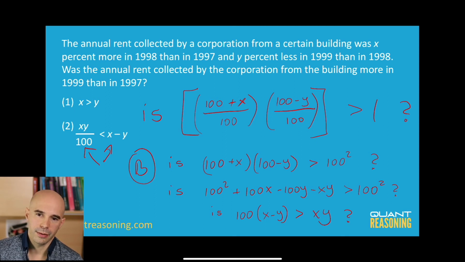And the left-hand side must be positive because x is a percent that something grew and y is a percent that something shrunk. So they're definitely going to be positive. So, okay, I know that both sides of this thing are positive, but which is bigger? No way for me to tell. So that's one way to convince yourself that statement 1 is not sufficient on its own.